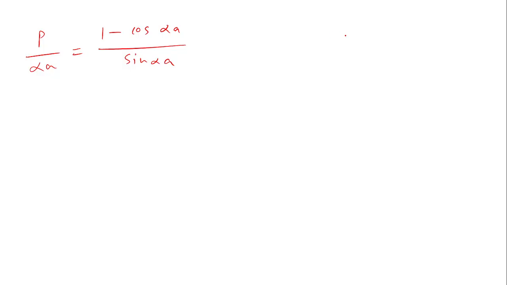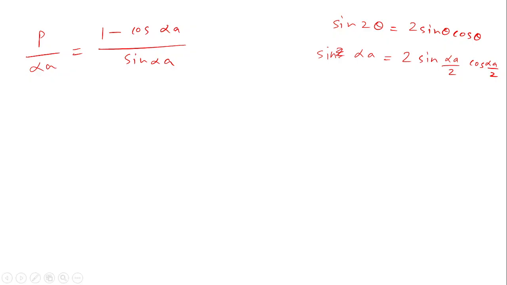Now I have two trigonometric identities. One is sin 2 theta is 2 sin theta cos theta. Using this, I can change sin(alpha a) to 2 sin(alpha a by 2) cos(alpha a by 2), because this angle is double of this angle.